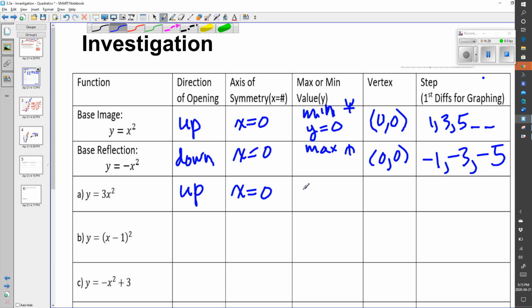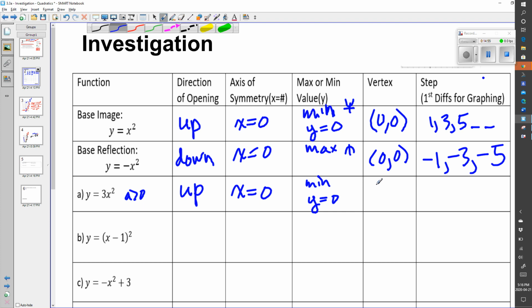It's opening up because it's like y equals x squared and its a value is bigger than 0. Because a is bigger than 0, this opens up. So if it's opening up, that means this is going to be a min, y is a min, and that means y is equal to 0.